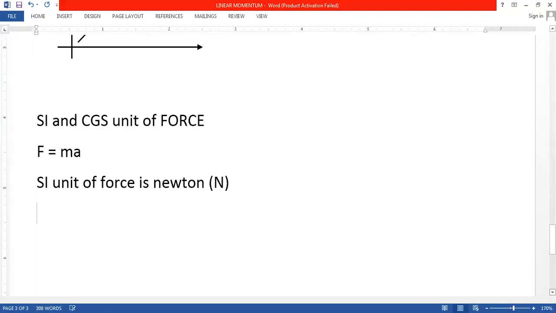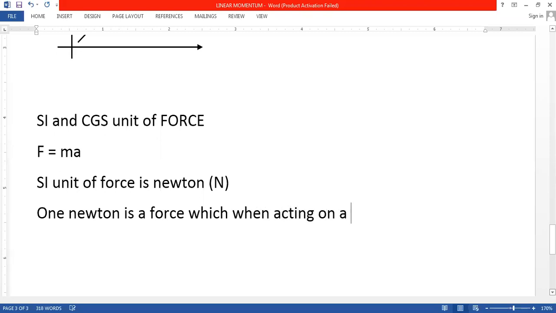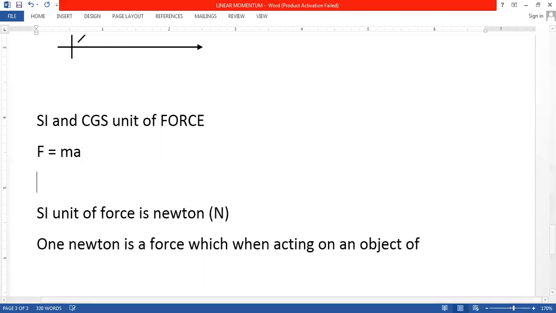So how much is 1 Newton now? Understand the formula. Force is mass into acceleration, F is equal to mass into acceleration.